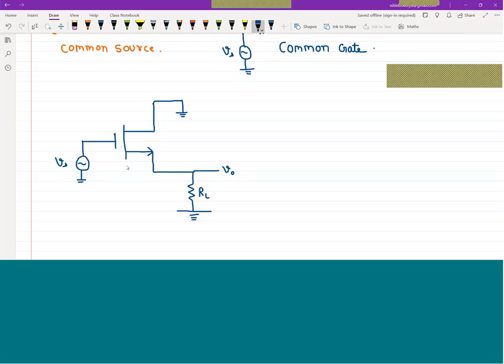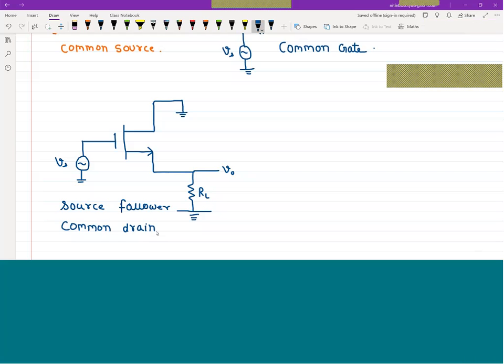Just as you called it the emitter follower in BJT, this circuit is known as the source follower, or also known as the common drain circuit.